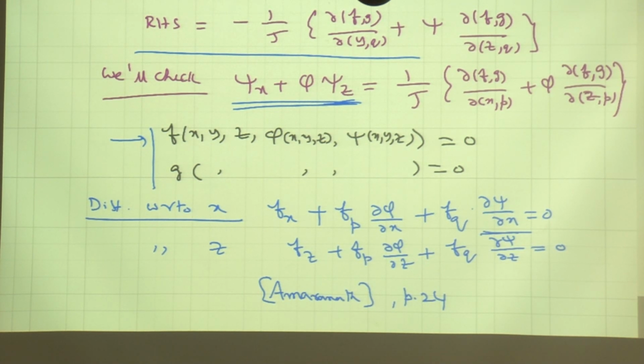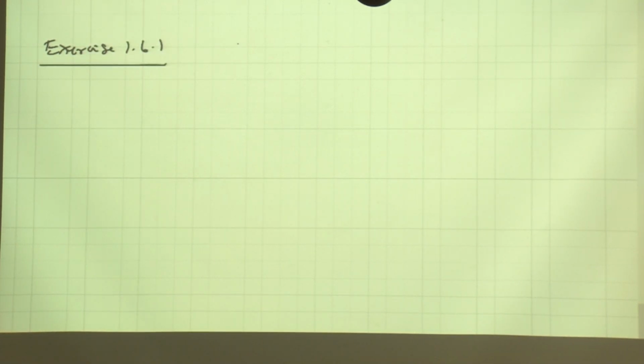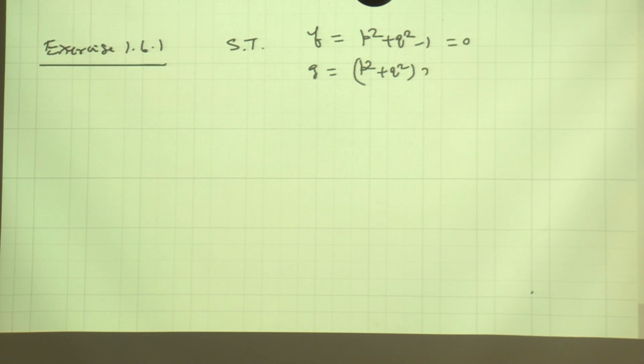Now let us do this exercise. Show that the equations f is equal to p square plus q square minus 1 equal to 0 are compatible, and find the one parameter family of common solutions.